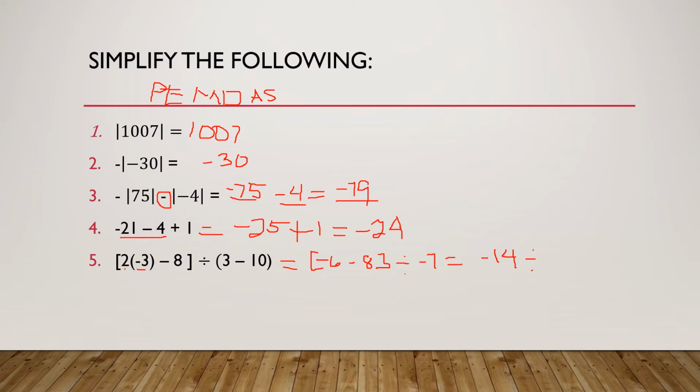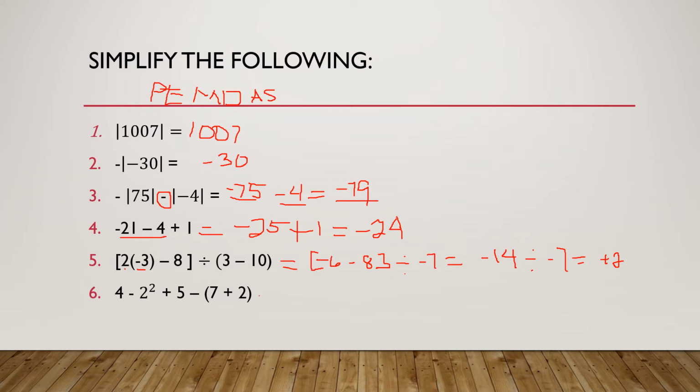Divided by negative 7 is equal to positive 2. Okay, why did the answer become positive? Okay, later.